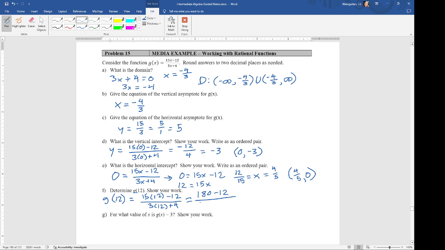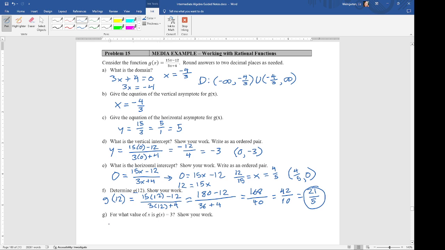Over 3 times 12 gives us 36 plus 4. On top we have 168, on the bottom we have 40. I know top and bottom are divisible by 4, so we're going to have 42 on top and 10 on the bottom. And now top and bottom are divisible by 2, so we get 21/5 as our answer.